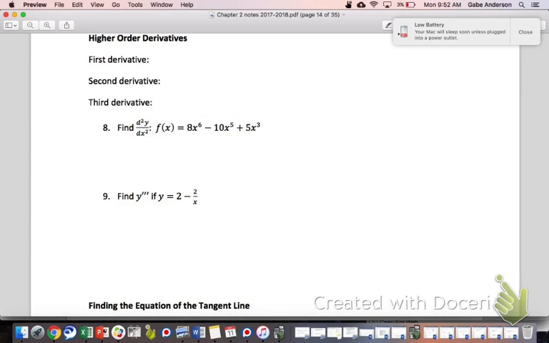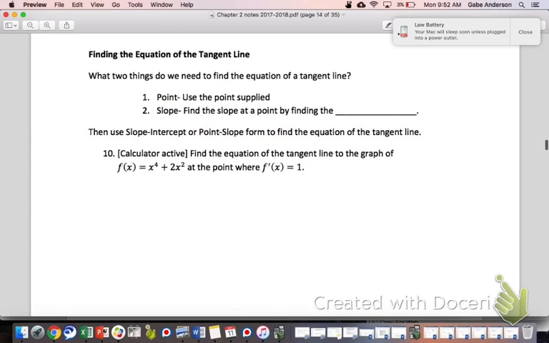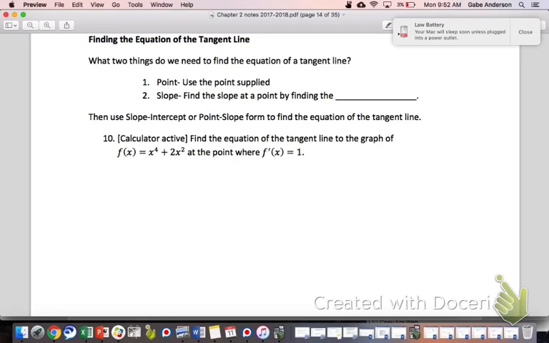We're going to do a little reviewing of tangent line stuff. This is kind of the second or third go around with this. I hope that that's an indicator that this is important. So this says, what two things do we need to find the equation of a tangent line? You need the point, and I'm going to say specifically the point of tangency.